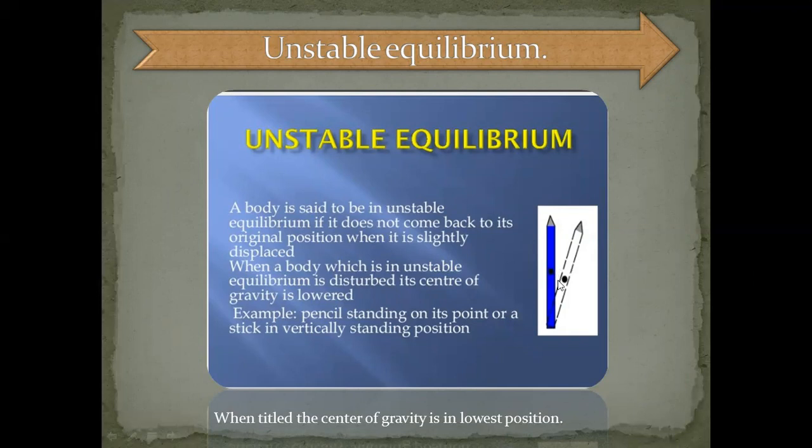But when the pencil topples over, its center of gravity is at its lowest position. So in unstable equilibrium, the body does not come back to its previous position.